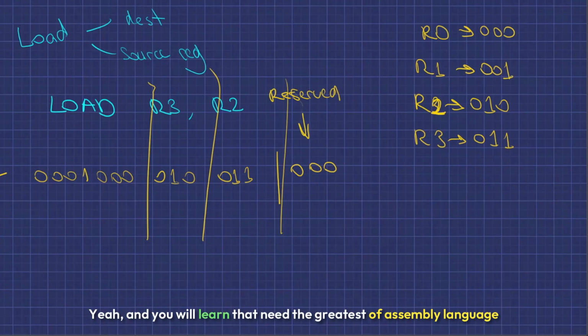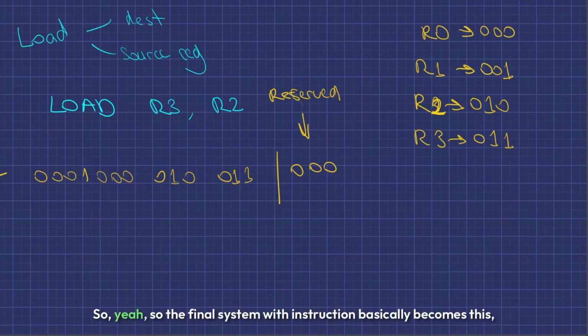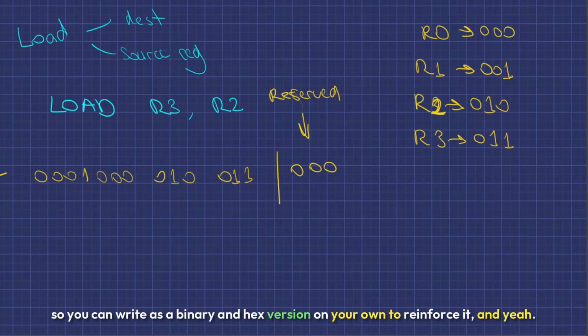You will learn the nitty-gritty of assembly language as you advance in these lectures. So the final 16-bit instruction basically becomes this. You can write the binary and hex version on your own to reinforce it.